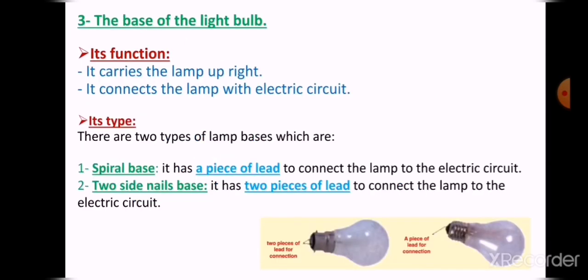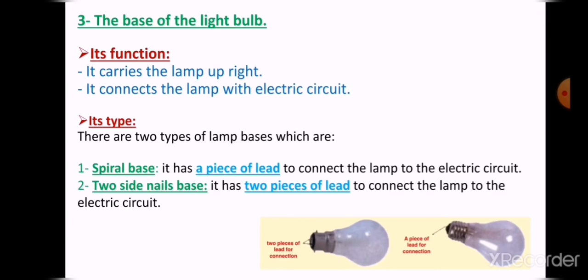Part number 3 in the light bulb is called the base of the light bulb. What is the function of the base? Number 1, it carries the light bulb in an upright position.